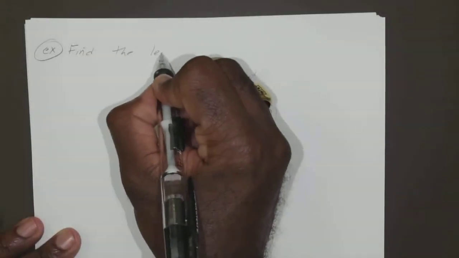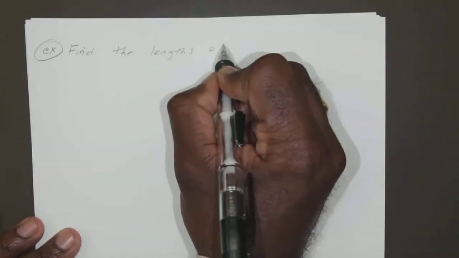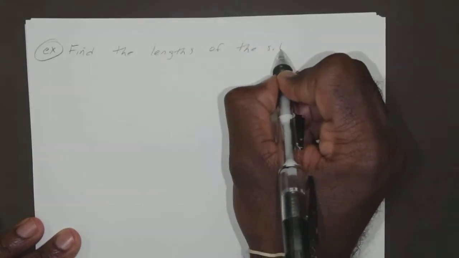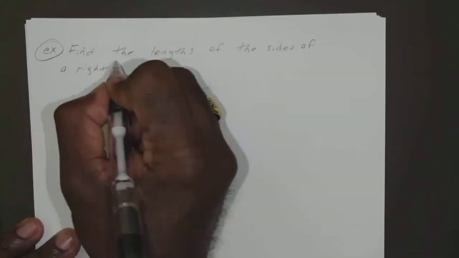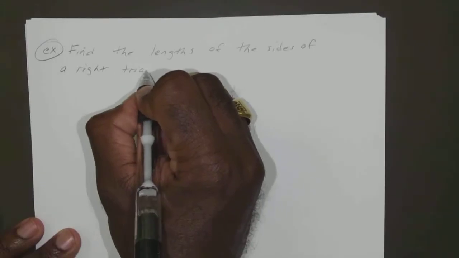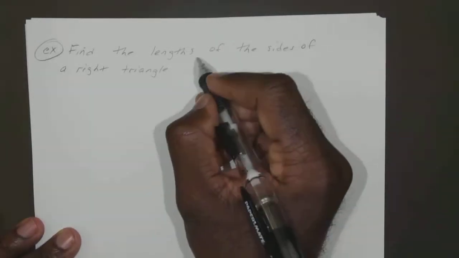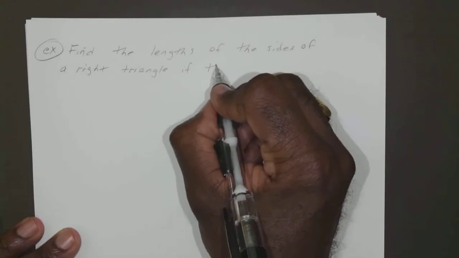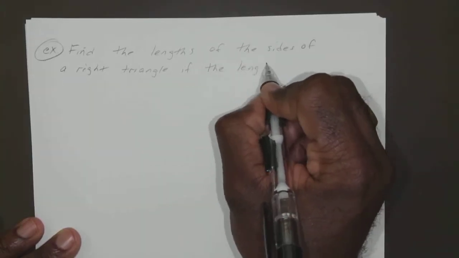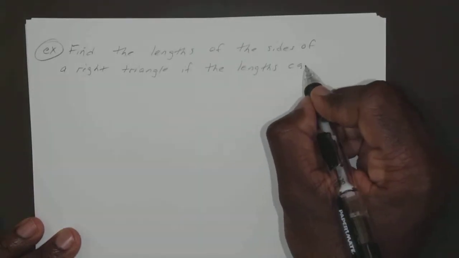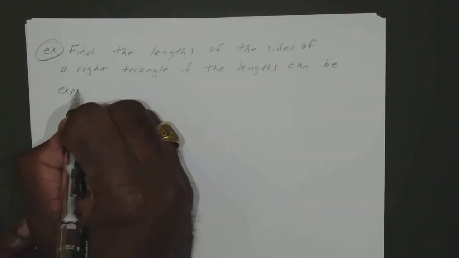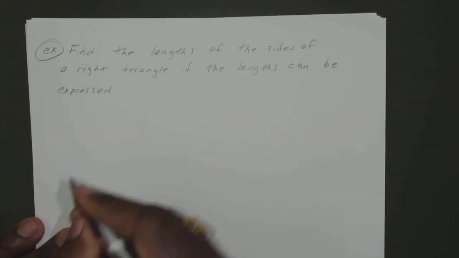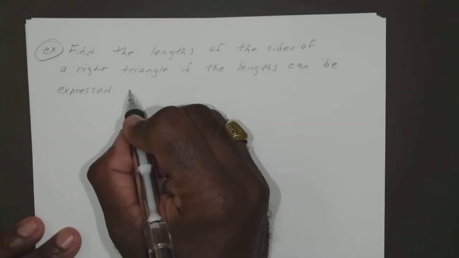Let's say we want to find the length of the sides of a right triangle, if the lengths can be expressed as 3 consecutive even integers.